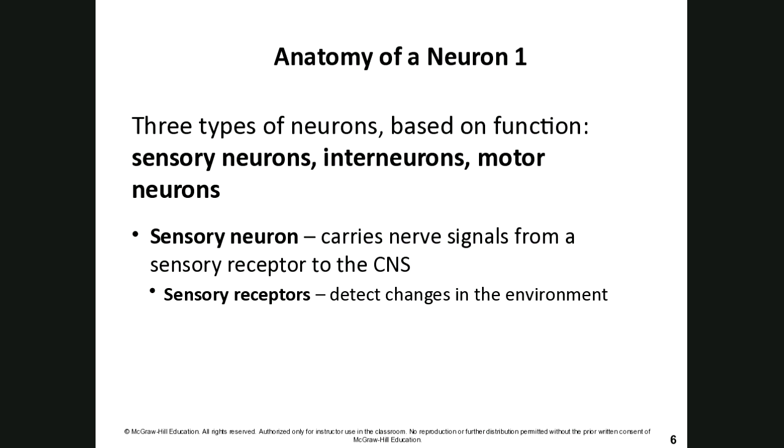So let's take your eyes, for example. Your eyes don't actually see squat. I'm just going to throw that out there. Your eyes are sensory organs, which means that their whole job is to perceive or to give you this image of whatever it is in front of you, but they don't actually see anything.